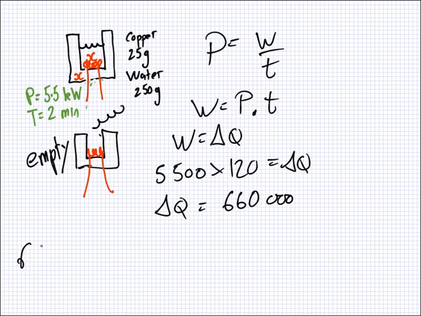Well, a few things had to happen. Firstly, the copper needed energy to go from its current temperature of X to its final temperature of 100. Now, why do we know the copper's at 100? Yeah. But why couldn't the copper be more than 100?